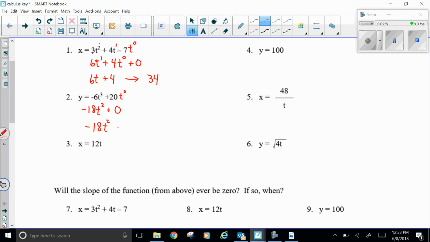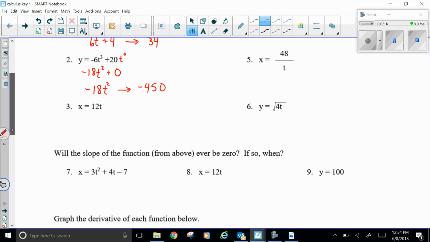So if I plug in the number 5, I end up with negative 18 times 5 squared, or negative 18 times 25. That gives us an answer of negative 450.